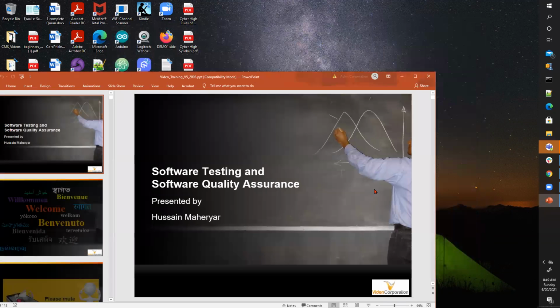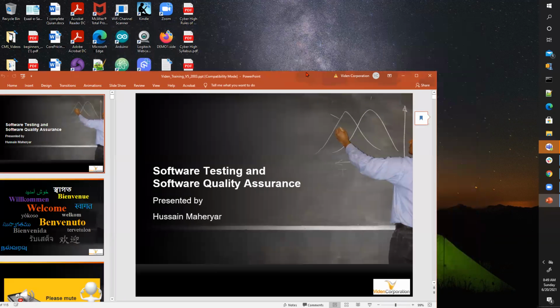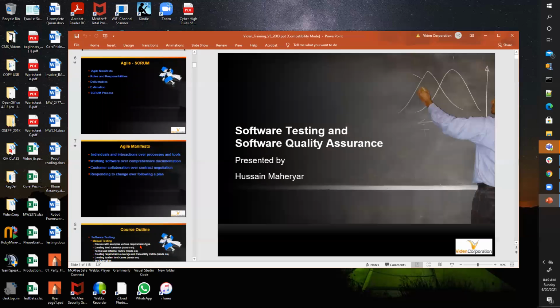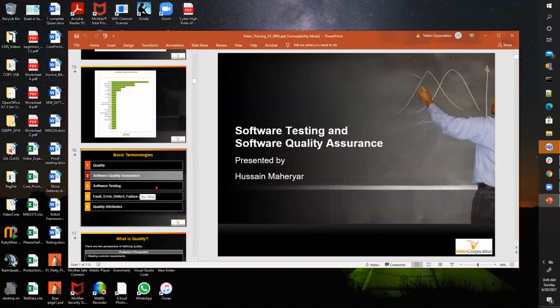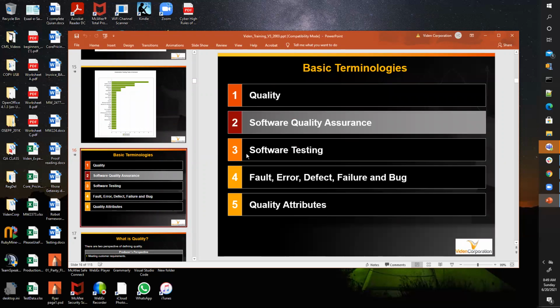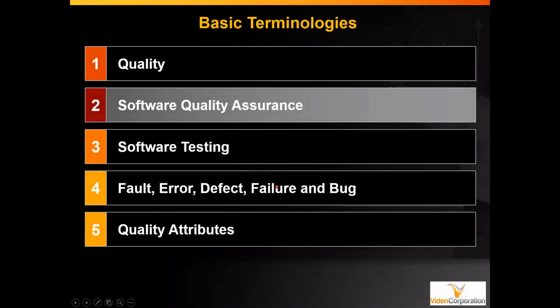So today we are going to cover defects. So we did these three. Today the topic is fault, error, defect, failure, and bug. What's the difference between all these things? Now, when you go to work, they will treat everything the same.